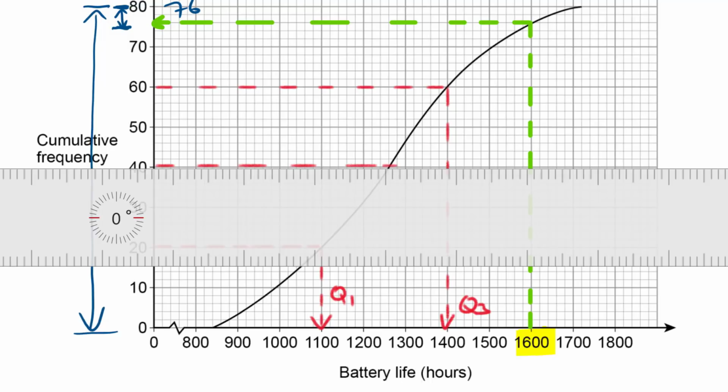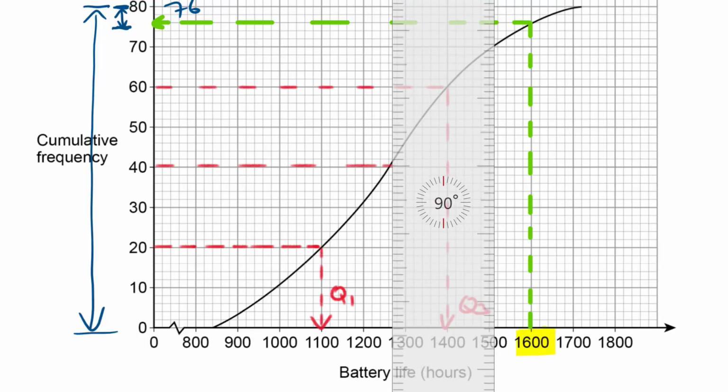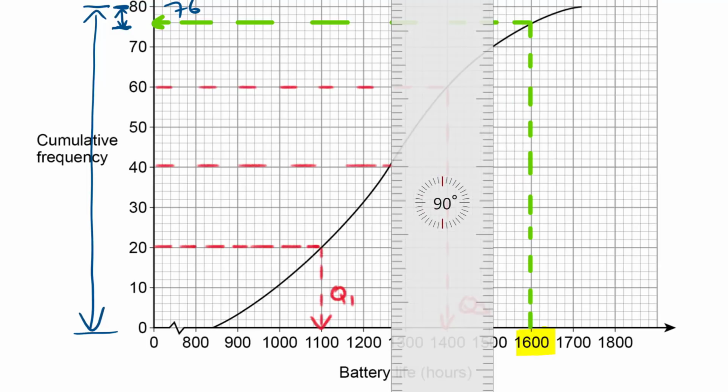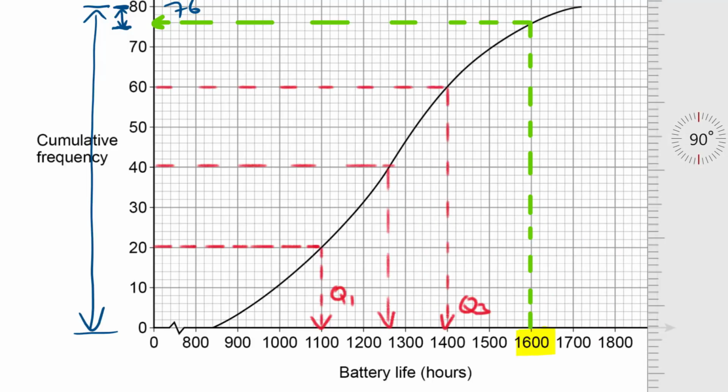Okay, let's draw in again now. And then switching around and drawing down. Okay, I can see my Q2 value or median is there. So I read that to be 3 out of 5 little squares up from 1200.